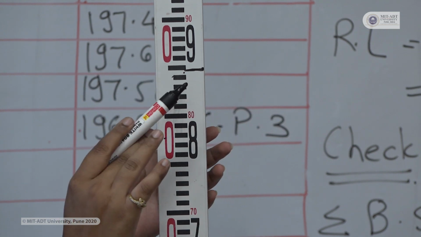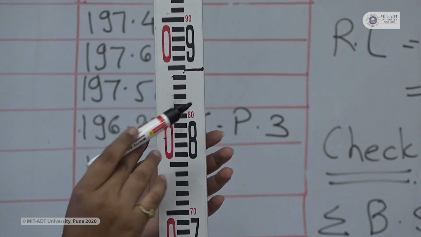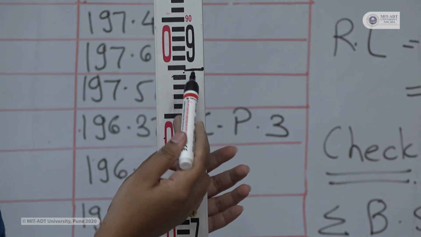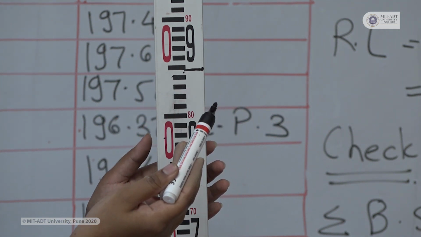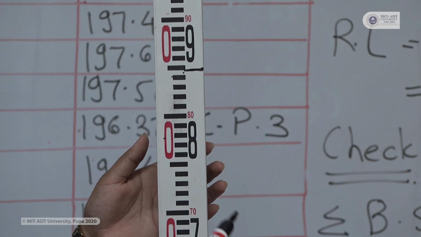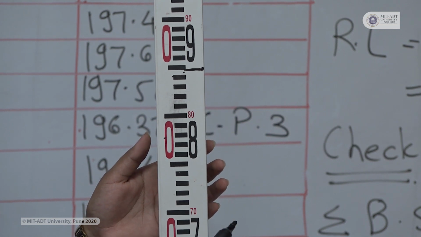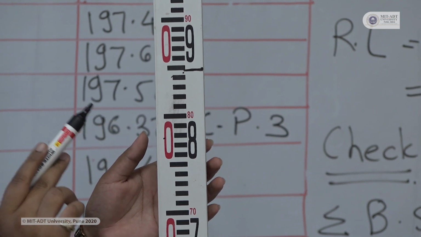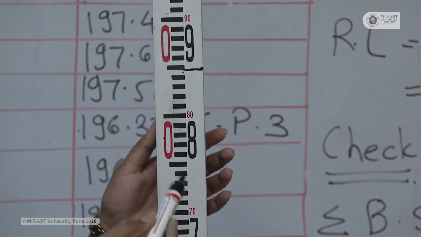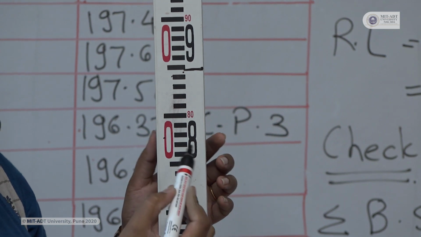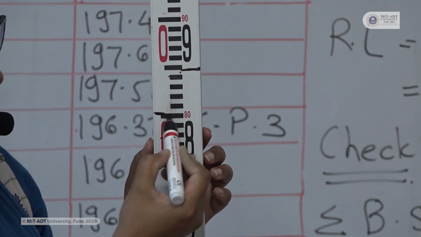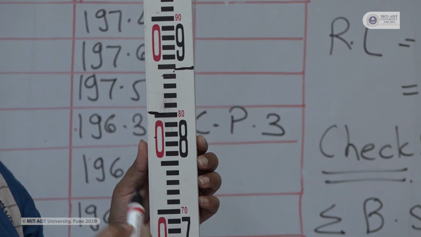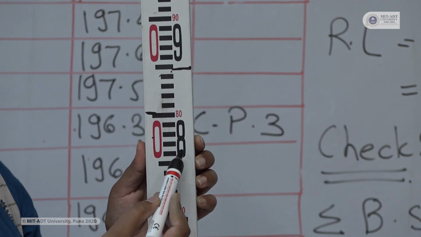So you have to remember that whenever you are taking the reading at the bottom of this black line, then your end digit will be 5, and whenever you are taking the readings on the top of the black line, then your end digit will be 0. Now again we will see one different reading. So suppose I have to take the reading for this point, then my reading will be, so it is 0.8.